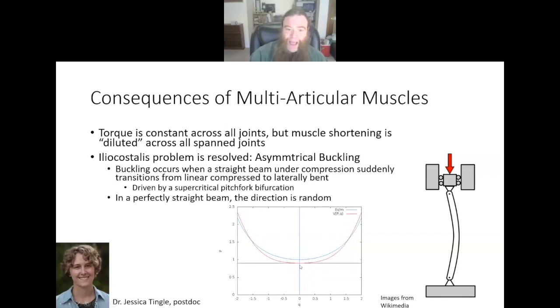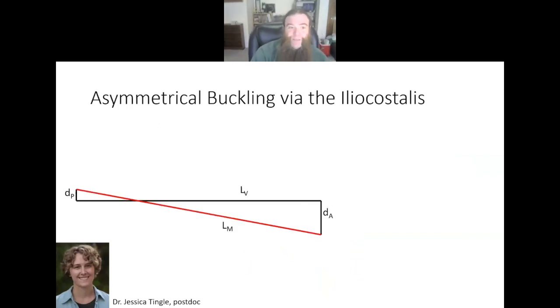But once you pass this point, this supercritical pitchfork bifurcation, now the middle is an unstable equilibrium point, and any slight deviation will cause your metaphorical ball to roll off to the left or to the right. That is why when you push on a meter stick, it bows to the left or the right, seemingly at random, as it goes through this supercritical pitchfork bifurcation. And it's symmetrical, which is why it's random.